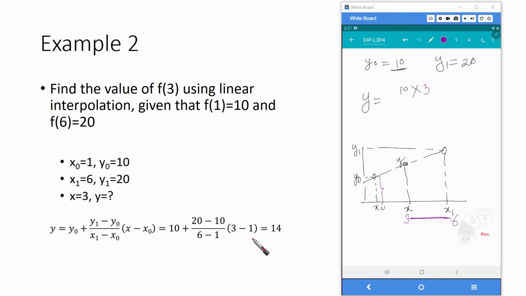So 10 multiplied by 3, plus we now take this value 20, multiplied by this distance, that is between x0 and x, the first point and the expected point. So this is again 3 minus 1, that is 2. Now divide by the whole distance.